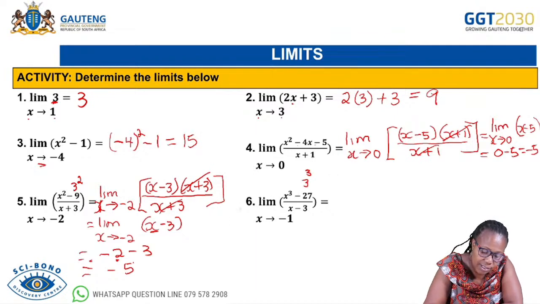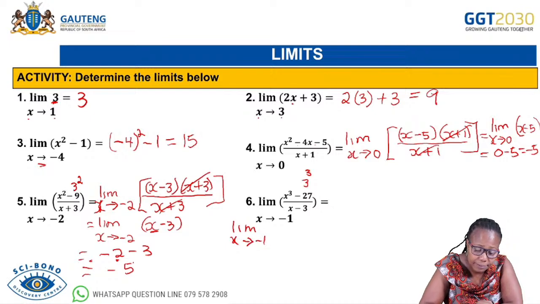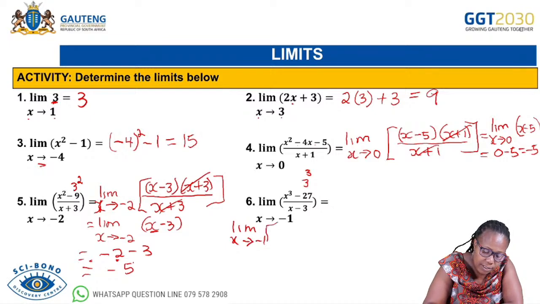I am factorizing. It will still be a limit of x approaching minus 1. And then my factors now will be x minus 3 into x squared plus, multiply the 2 with the opposite sign, 3x, square the last term, plus 9. Everything over x minus 3.